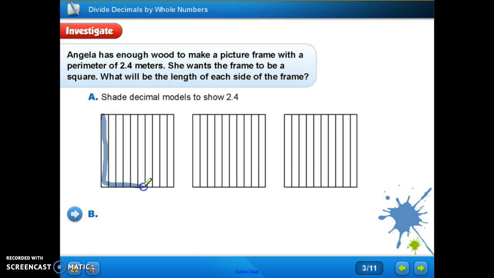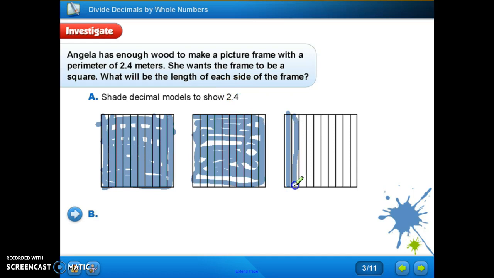So you're going to shade in 2 whole boxes, and 4/10 of the third box. Okay, so we shaded our model to show 2 4/10.